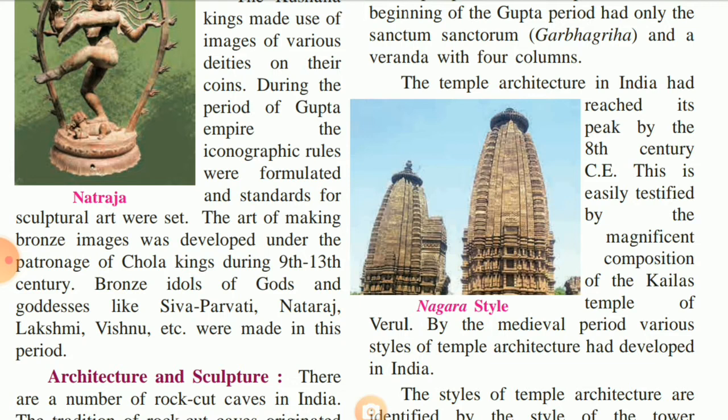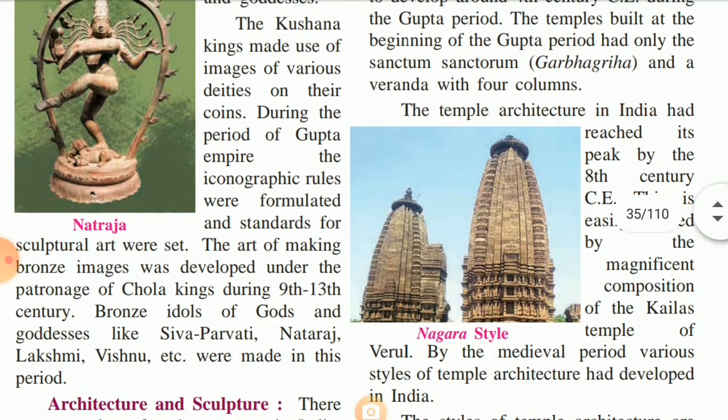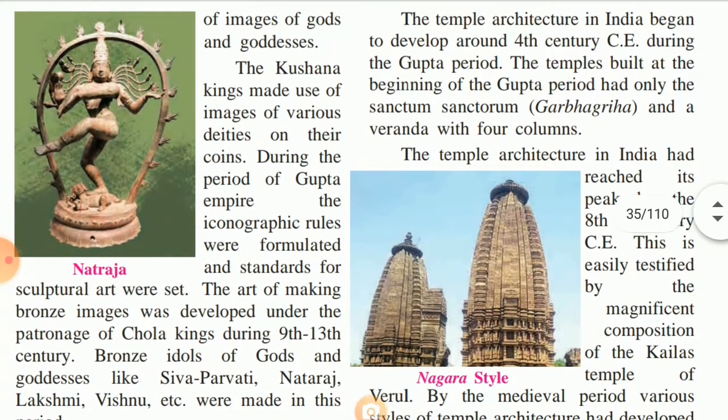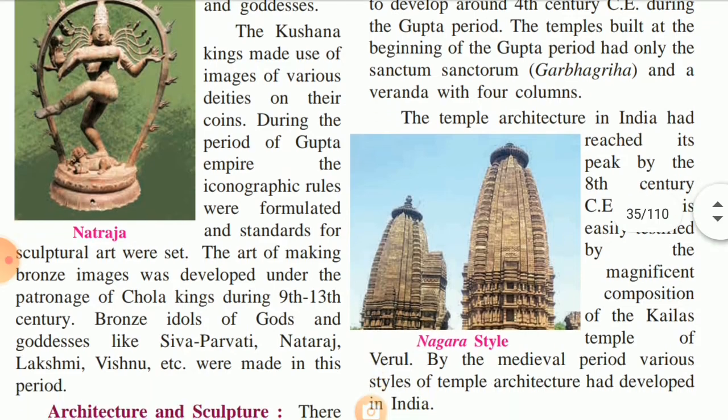The art of making bronze images was developed under the patronage of the Chola kings during the 9th to 13th century. Bronze idols of gods and goddesses like Shiva and Parvati, Nataraja, Lakshmi, Vishnu, etc. were made in this period.